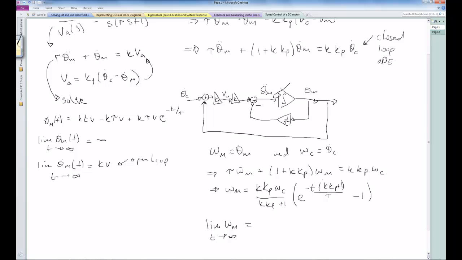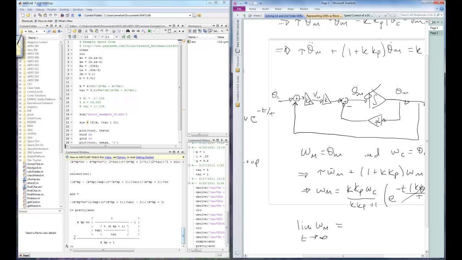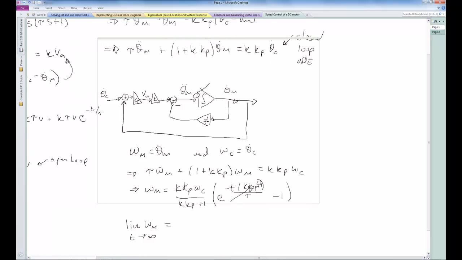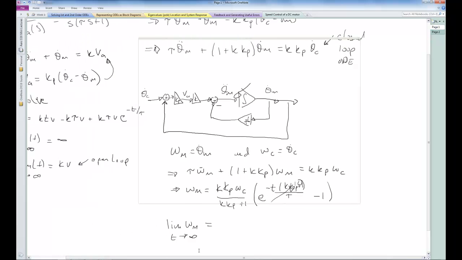Well, notice this term here is going to go off to 0. And I think I dropped the minus sign, didn't I? Yeah, there's a minus sign out front there. Converting from MATLAB to regular math can be a little weird sometimes. So I needed a minus sign there.